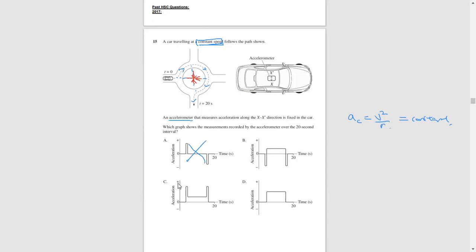Now, they've just said acceleration is positive or negative. And they did tell you that they're measuring acceleration in the x direction, right? That means they're measuring the lateral acceleration. So it's x bar. Basically, if you think about the car being here, for it to turn, it must have accelerated towards x prime.